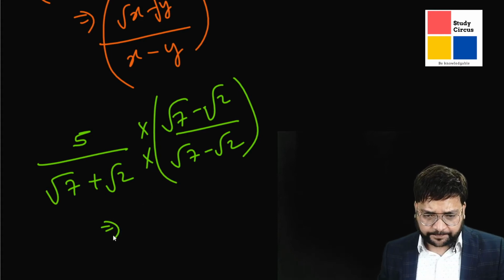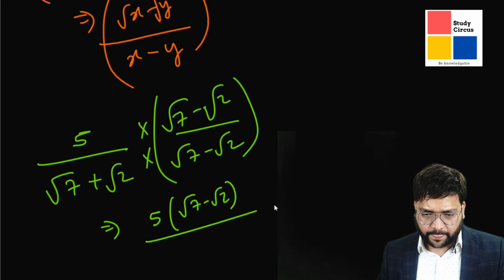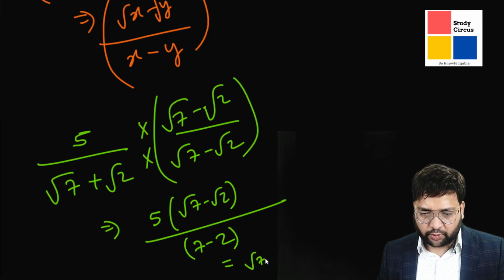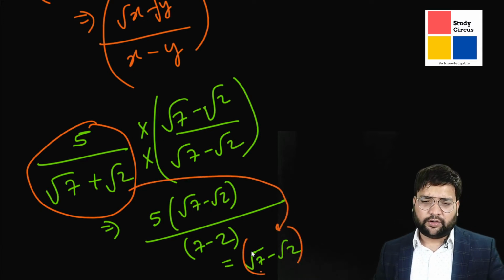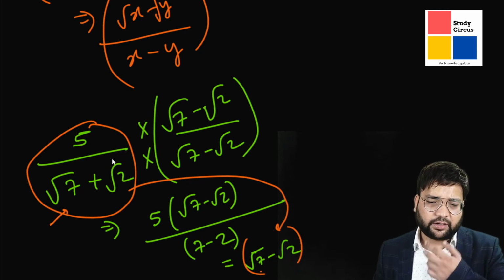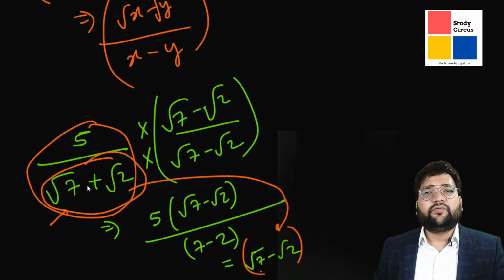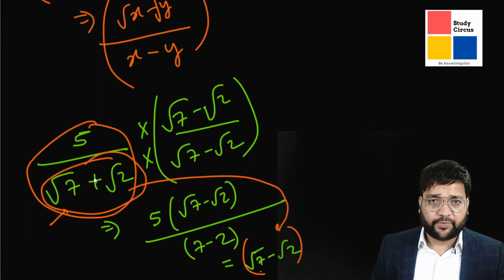The numerator becomes this, upon the denominator 7 minus 2, that is 5 only. So 5 cancels out, and this is root 7 minus root 2. Now the denominator is 1. Here the denominator was an irrational number, and we have rationalized the denominator. That is what we have done.